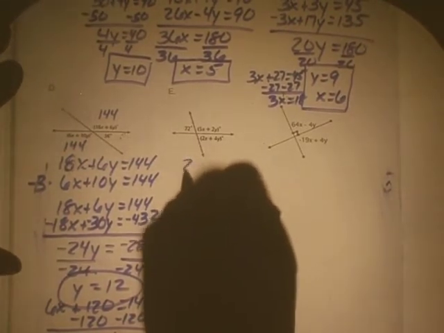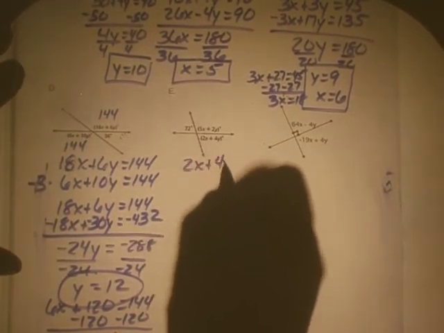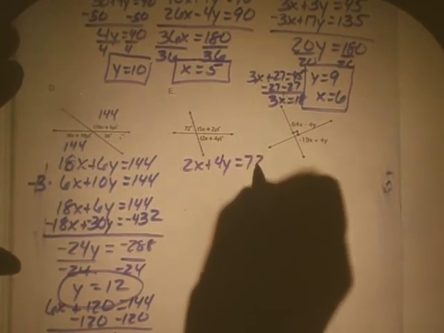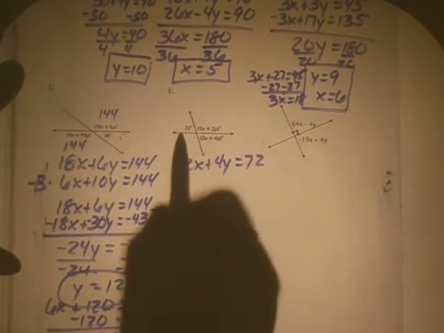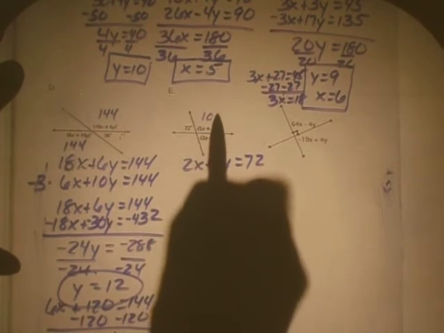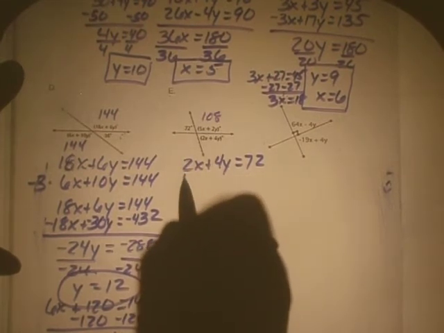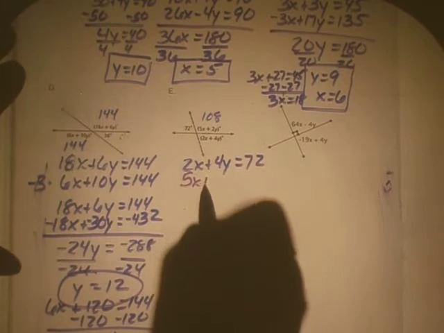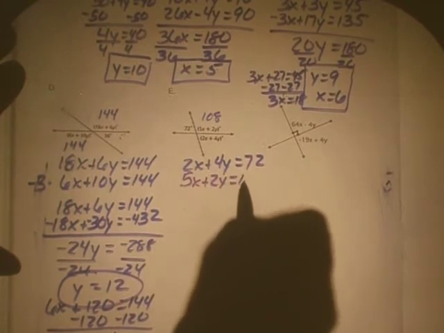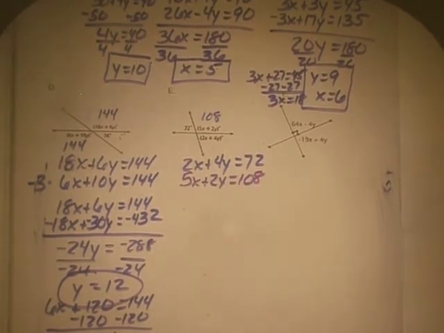Letter E, first of all, we will have 2x plus 4y equals 72. 180 minus 72 is 108, so that will be 5x plus 2y equals 108.